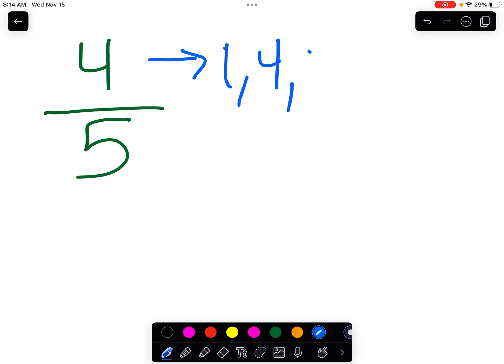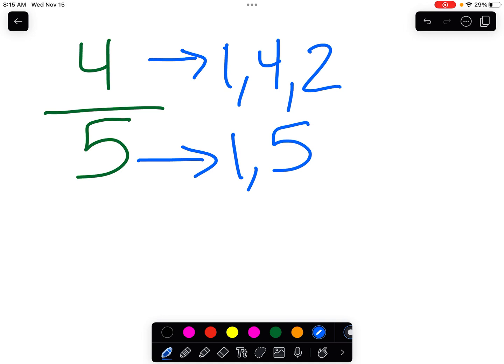And then 2 and 2. I think that's it. And for 5, I think it's just 1 and 5. No two other whole numbers multiplied equal 5.